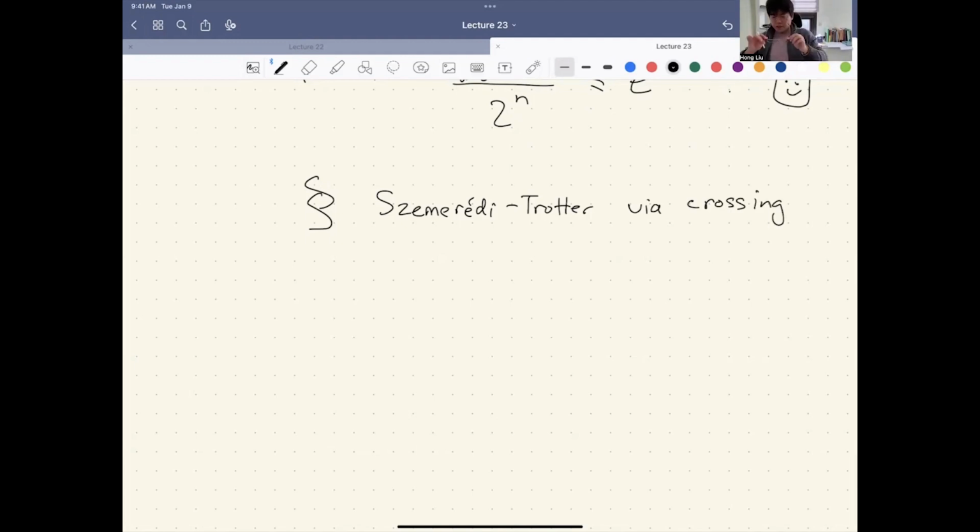Okay, so let's explain things one by one. Let's first explain what crossing is. In graphs, there's a type of graphs called planar graphs. That means you can draw them on the plane without any edges crossing each other.